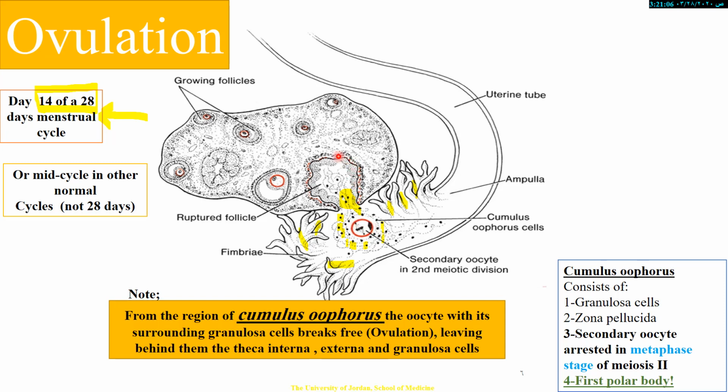What has been left now under LH would turn into corpus luteum. This corpus luteum would secrete progesterone. Now, progesterone would affect the uterus, and the uterus would get bigger. The endometrium becomes bigger and bigger, the functional layer, we will talk about it later, to receive the embryo. So this is an important thing to know.